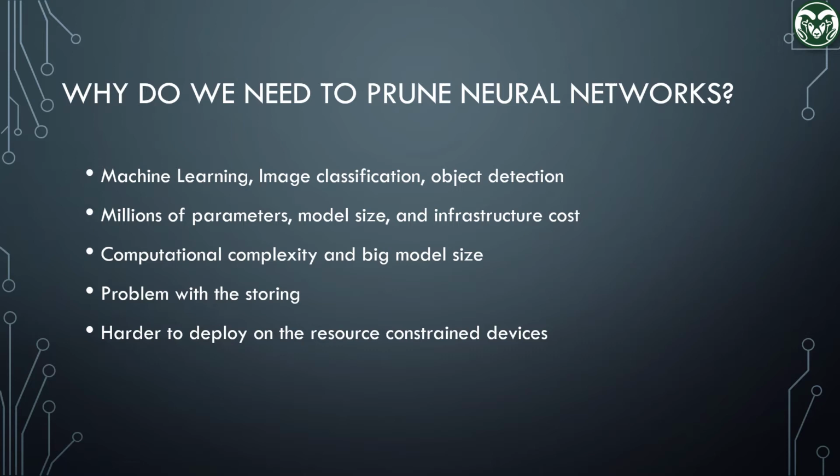All this can be done by using CNNs and DNNs, and most accurate CNN and DNN models contain millions of trainable parameters, and they have huge model size, they are memory intensive, computational complexities are involved, and the operating cost is also higher. It is harder to deploy these huge DNN or CNN models on resource constrained devices. And that is the reason why we are pruning neural networks.